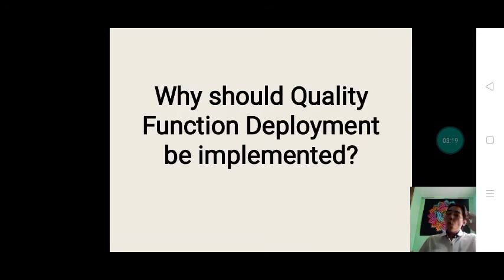Lastly, why should quality function deployment be implemented? Well, for us, in today's market, the client is king. And it is essential to keep up with shifting needs and trends. QFD assists an organization in aligning multiple business functions such as design, quality, manufacturing, production, marketing, and sales.